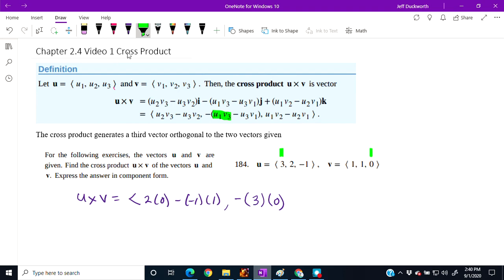That's where those are coming from. And our other point, U3 times V1. So -1 times 1 again. That's the second component. The third component, U1 V2, subtract U2 V1.